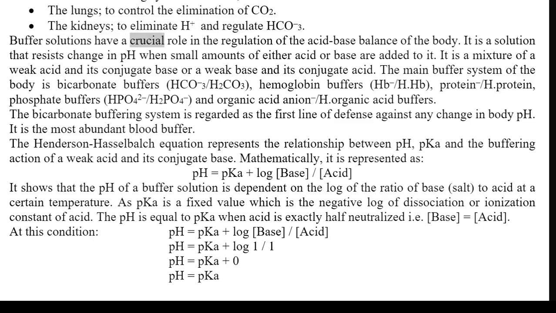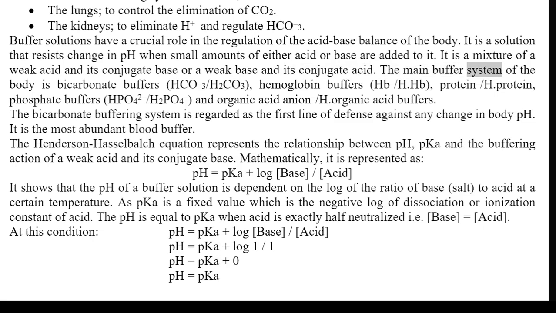Buffer solutions have a crucial role in the regulation of the acid-base balance of the body. It is a solution that resists change in pH when small amounts of either acid or base are added to it. It is a mixture of a weak acid and its conjugate base or a weak base and its conjugate acid.